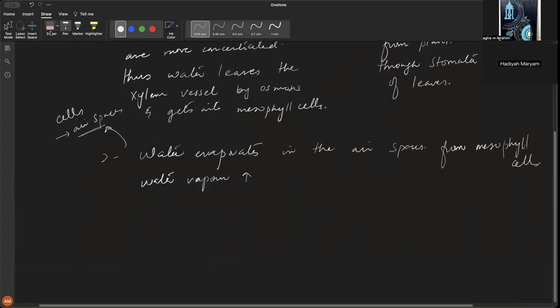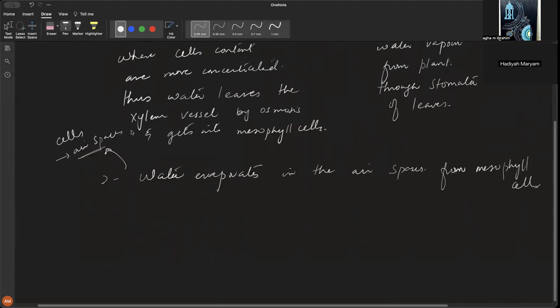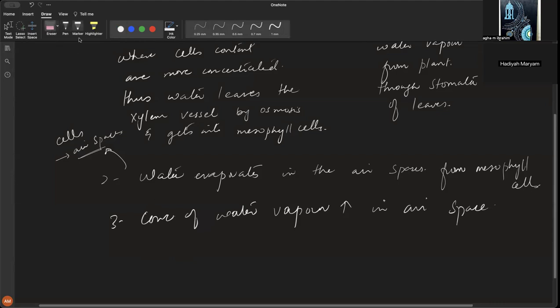Once this takes place, the concentration of water vapor increases in the intercellular air spaces as compared to outside of the leaf.